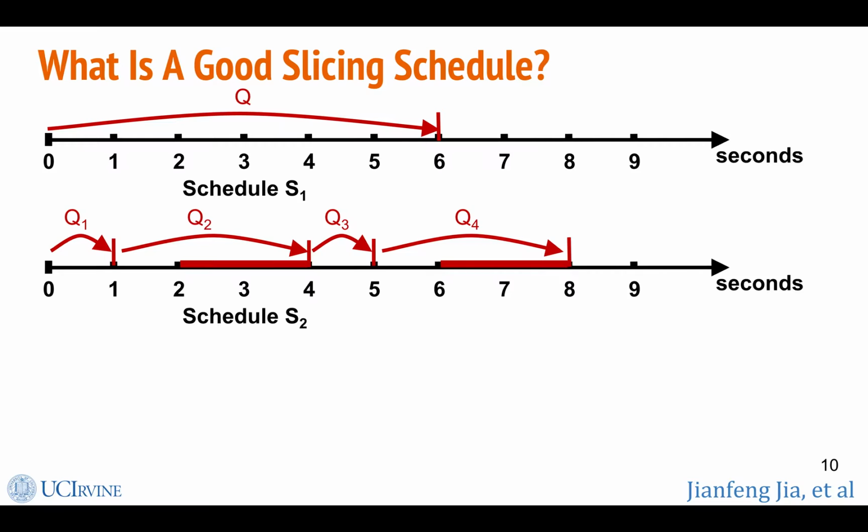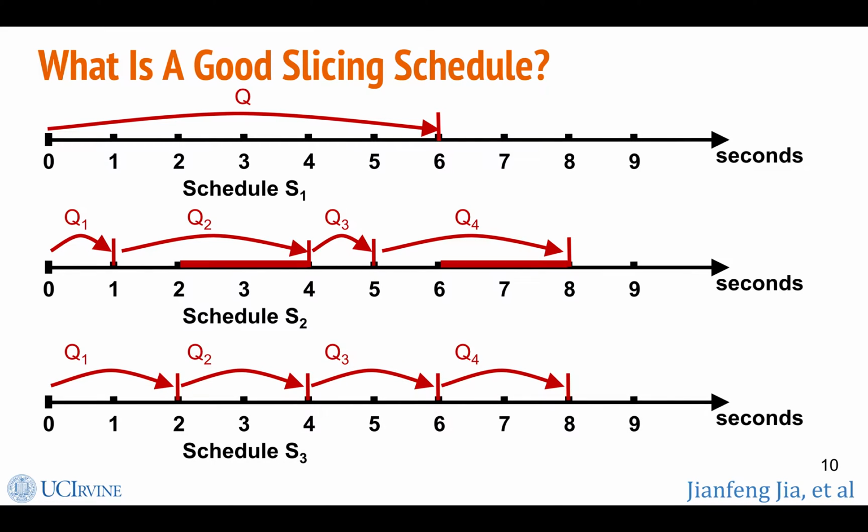But for example, schedule S2 splits the query into 4 pieces. The first query may run very fast and return at the first second. Then the second piece maybe runs 3 seconds, which gives the user a very irregular updating experience.